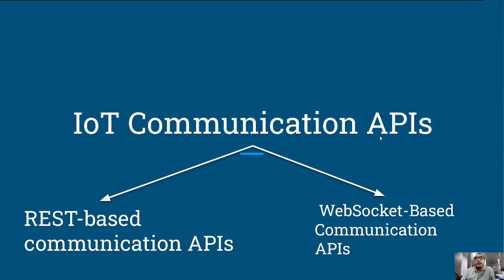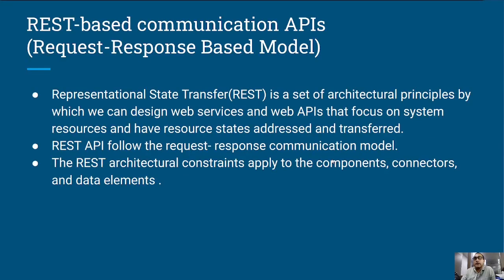Next we will be looking into the IoT communication APIs. When we discuss the different communication APIs, there are two broadly used APIs. One is the REST-based communication APIs. The other is WebSocket-based communication APIs. For your information, let me just tell you what an API is.